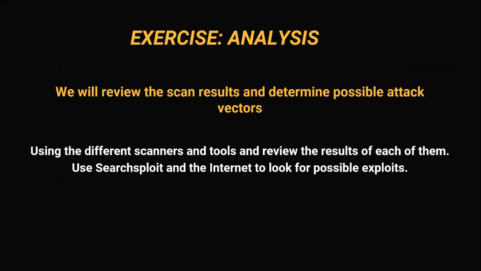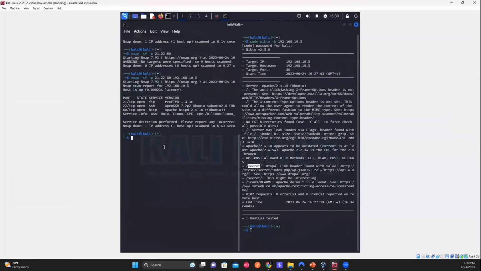So now with that, we're just going to move into the analysis phase. We kind of started it already, but we're going to use Searchsploit to look for the vulnerability. So we're going to go here. We're going to say sudo. Actually, let's clear this out.